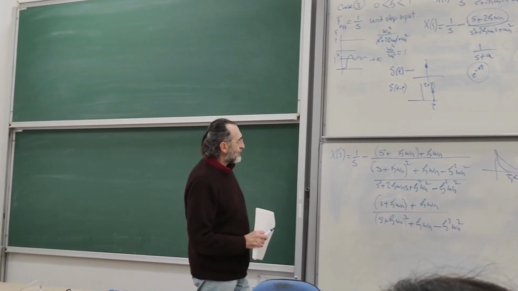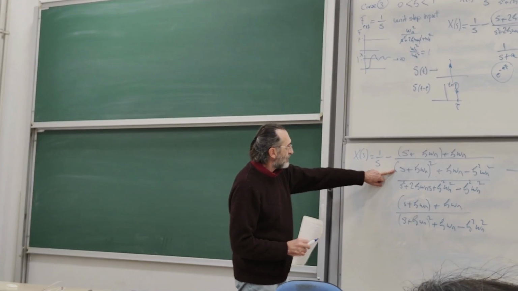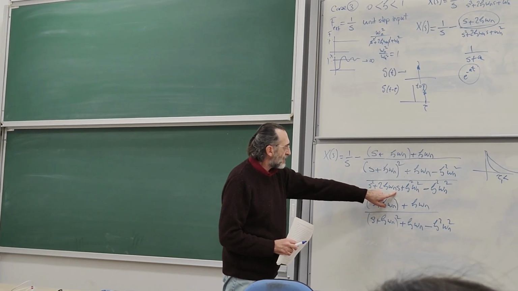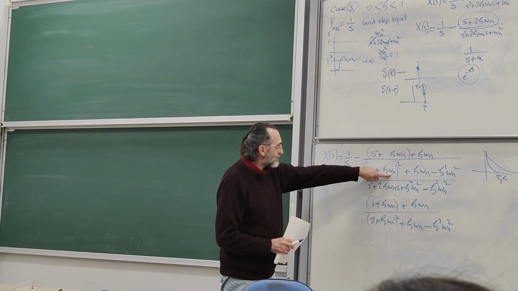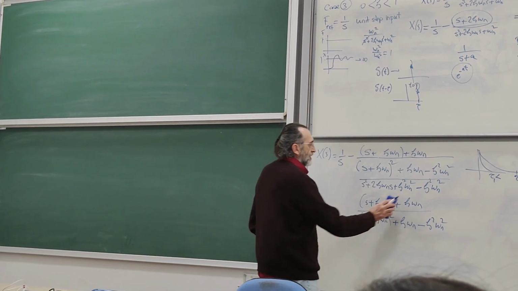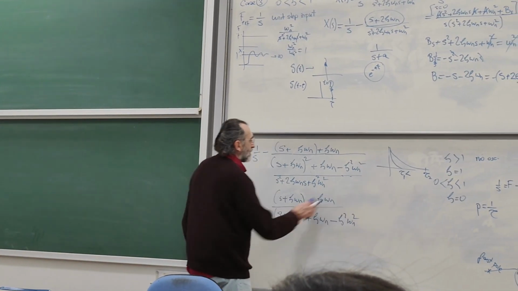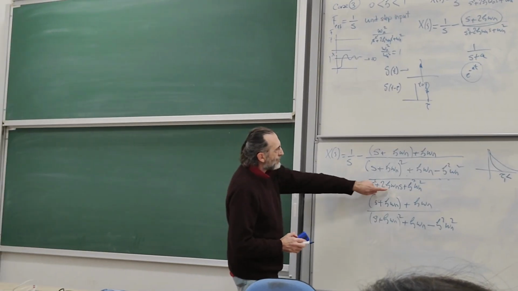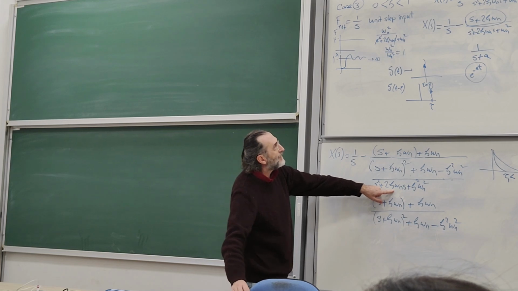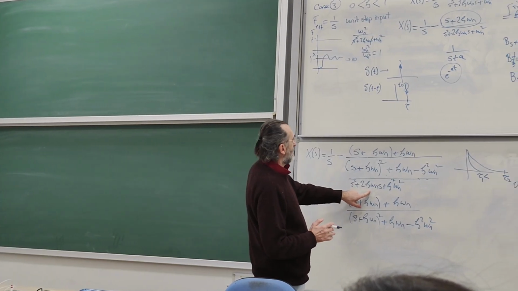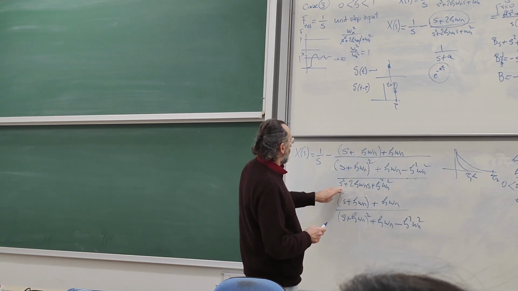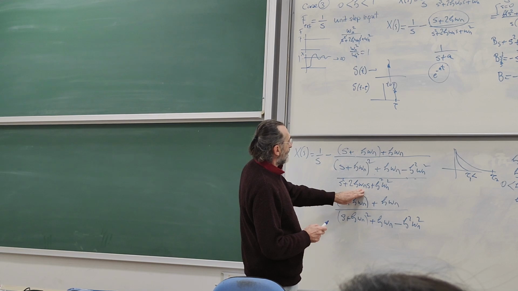Now is that correct? That brought in a 2 zeta omega n s, and then this. Now let's just make sure that this comes from this. Okay? And then I have this comes from that, it takes care of s squared plus 2 zeta omega n s.